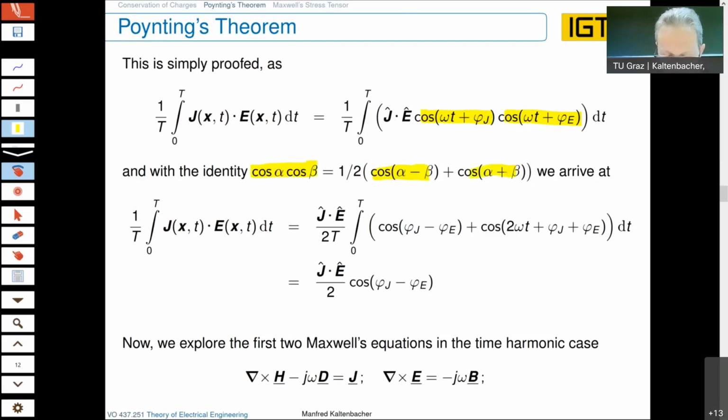Then we get the difference of the phases, and a cosine with 2 times the frequency, which again cancels out when integrating over 1 period. And what ends up here are the peak values of the current density and the electric field intensity over 2.